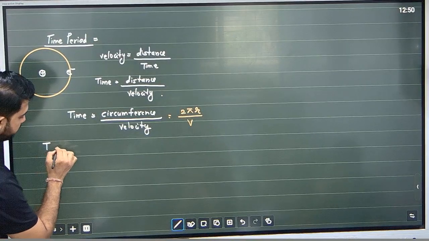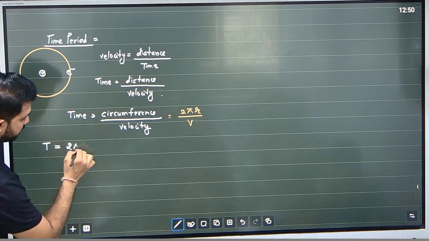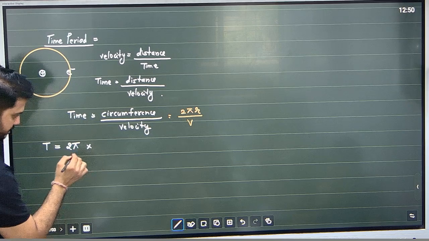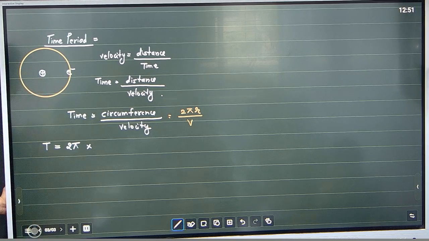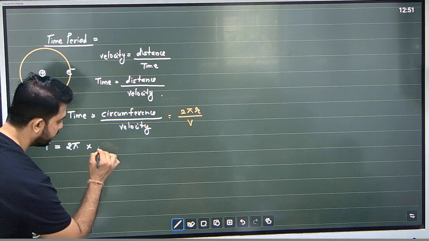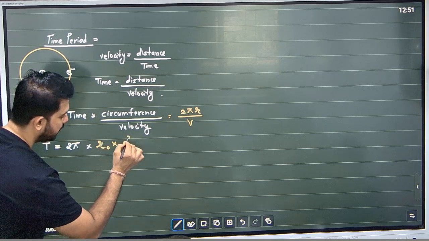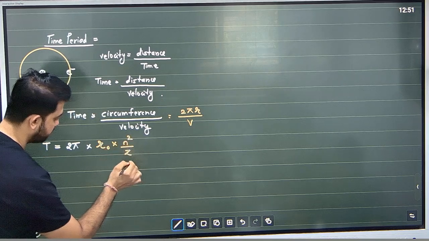Therefore, time period is equal to 2 pi, and what's the formula for radius? 0.529 into n square by z. Instead of 0.529, we can also write r naught into n square by z.